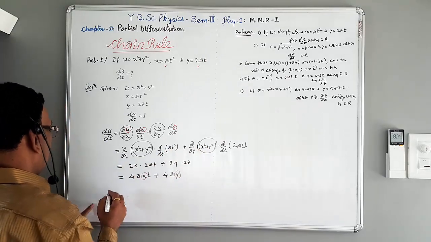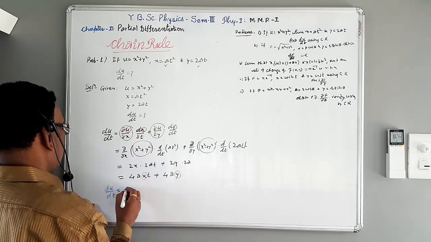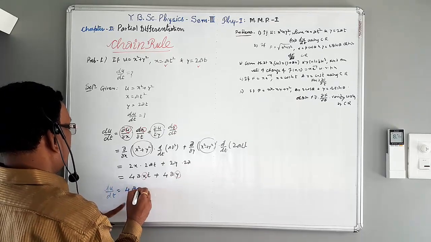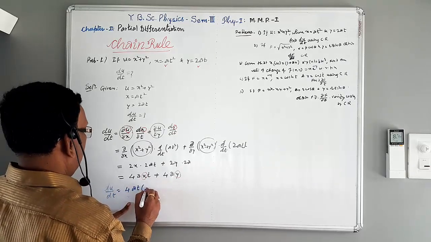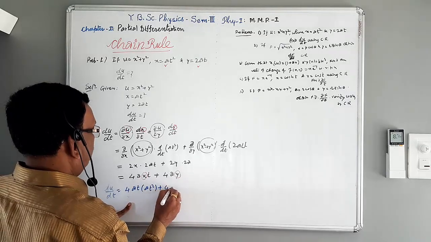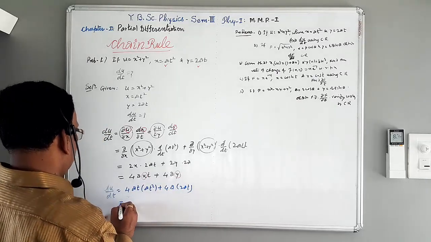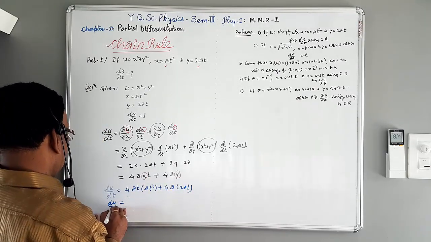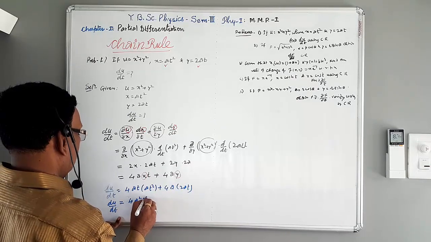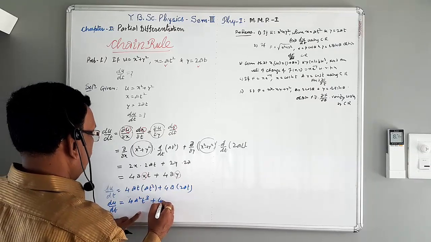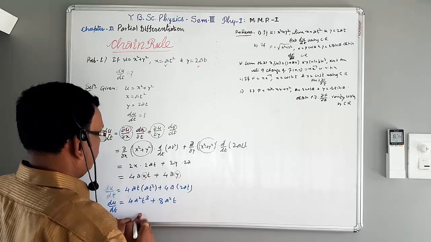Therefore, we have du by dt is equal to 4a t and value of x is at square, similarly 4a and value of y is twice at, and finally we have du by dt is equal to 4a square t cube plus 4 into 2, that is 8 a square t.